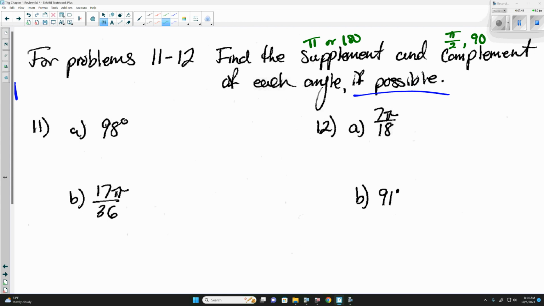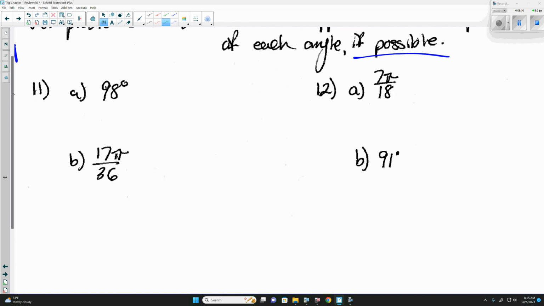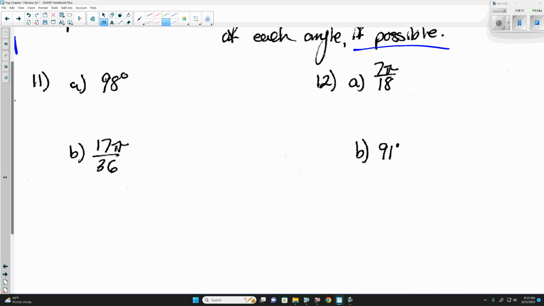Supplement, you're actually supplementing, you're doing an actual amount, you're going all the way to actually helping them. So 180. That's the way I try to keep them straight. If you're trying to help someone out with a complement, you're going about halfway. Not really supplementing anything, just giving a compliment.